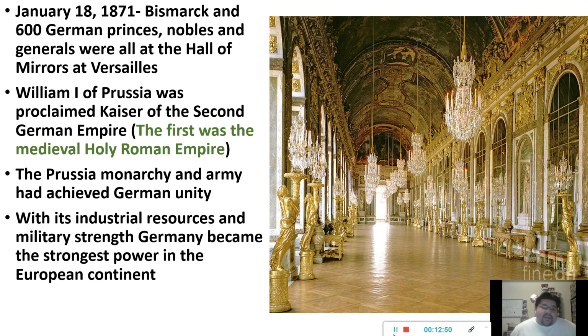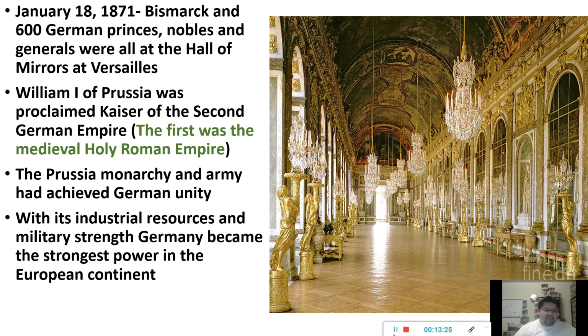Now, the Prussian monarchy and army had unified the German countries, right? So now it's one solid country. All those little countries from the north and the south came together to proclaim the Kaiser, this guy, he's our leader. We are one solid country. With Prussia, northern German states, and southern German states united, they had two major factors working for them.